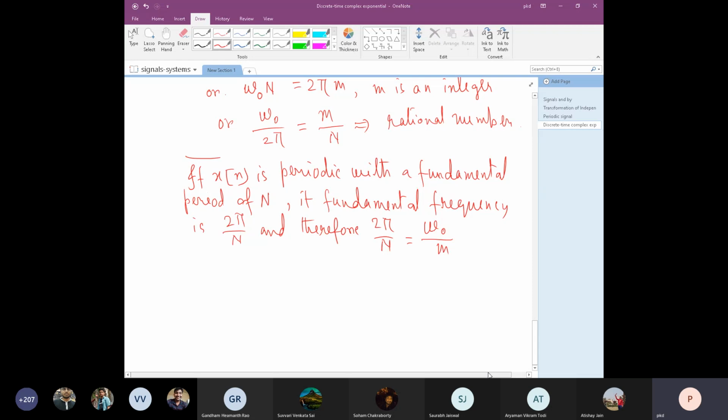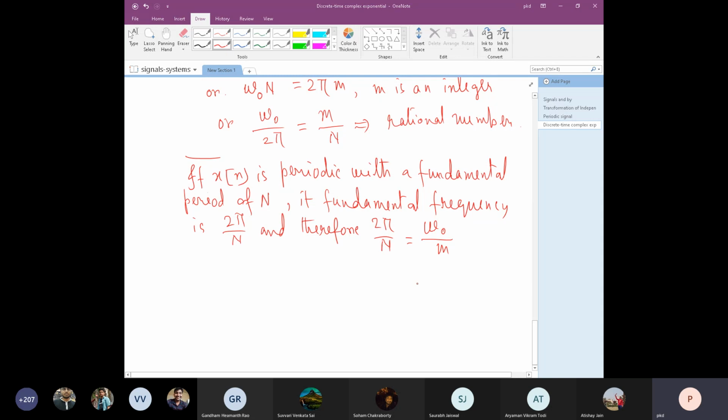So basically, why discrete time? This is important to understand. Suppose I take a certain omega naught, maybe 1 radian per second, or 2, or 10 radians.